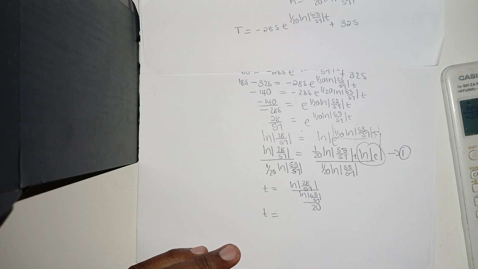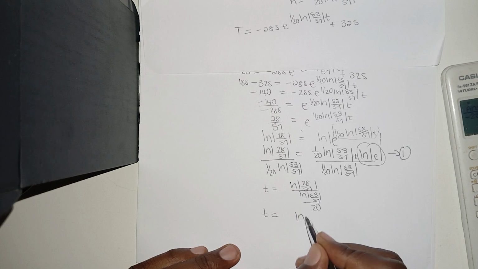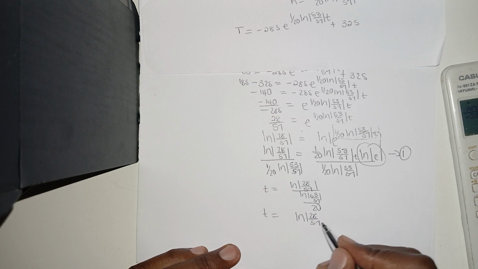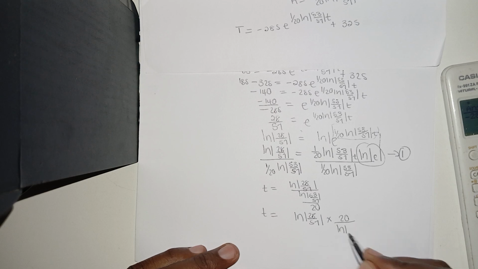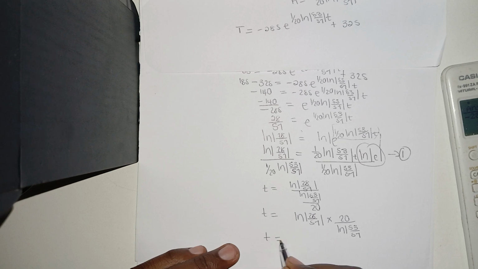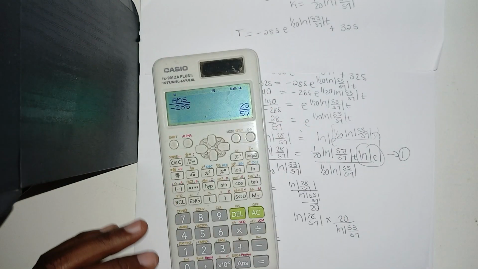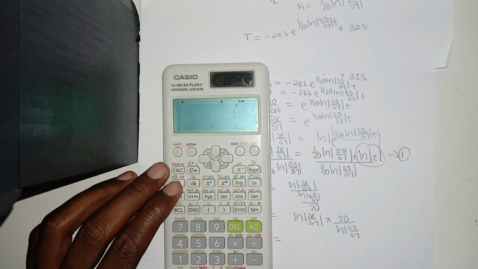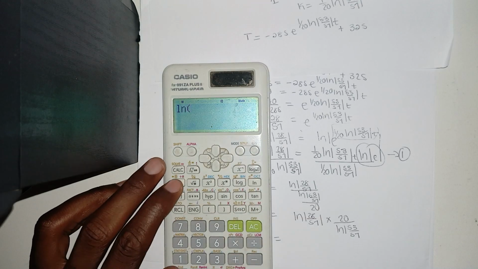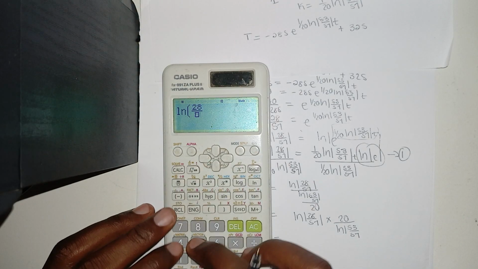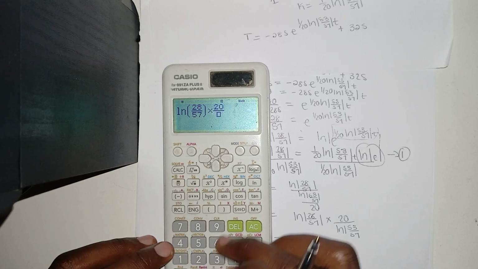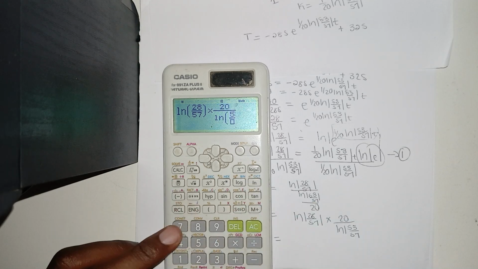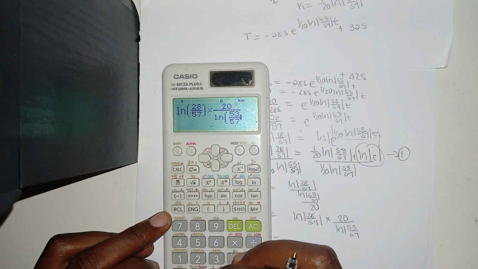Now we are going to play with the algebra: 28 over 57, multiplied by 20 over ln of 53 over 57. So what is our time? ln of 28 over 57 multiplied by 20 divided by ln of 53 over 57.